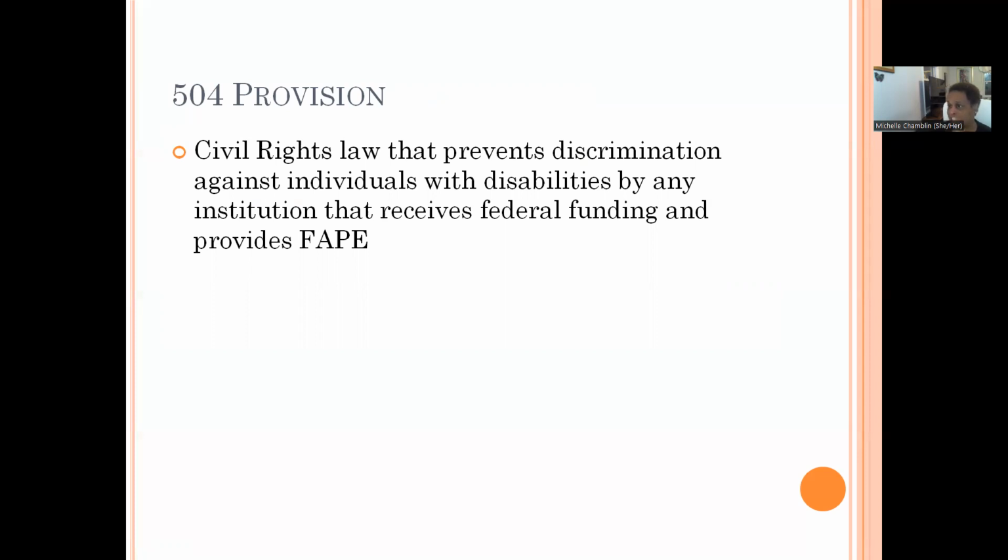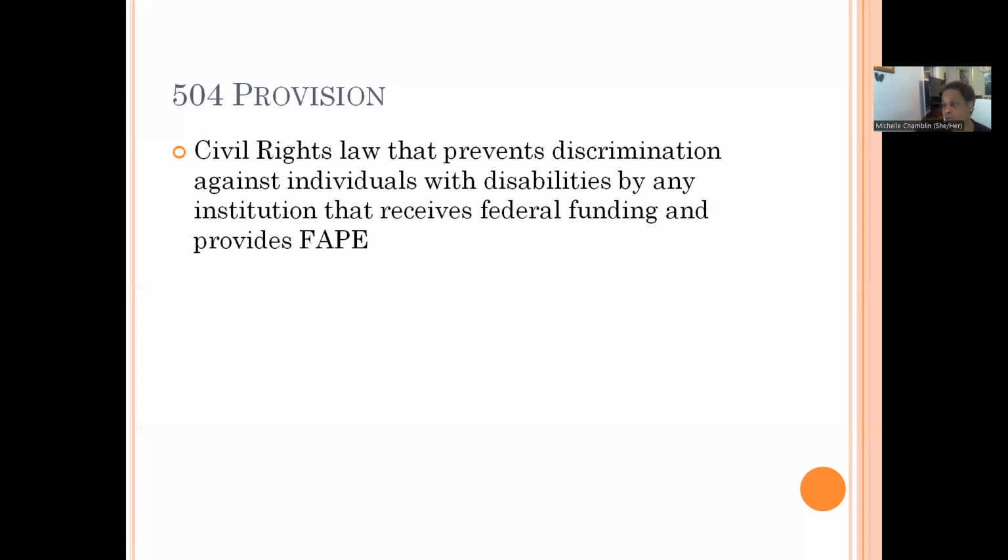However, they still have a disability. So there is a 504 provision. And in this provision, this law says it prevents discrimination against an individual with a disability by any institution that receives federal funding and provides FAPE.